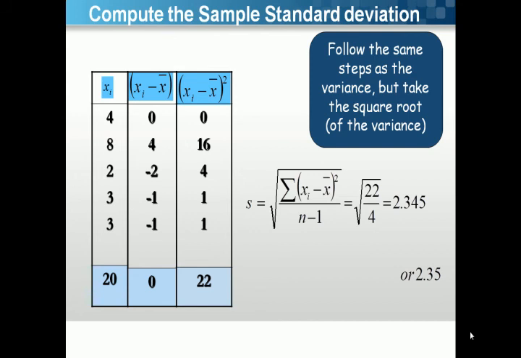The big advantage of the standard deviation is it will be in the same units as our original data. So the variance, when we ended up with that 5.5, if you want to put units on it, is 5.5 people in the line squared, which really doesn't make any sense in a conversation, that's for sure. So anyway, we take the square root of that, and we'll have approximately 2.35.